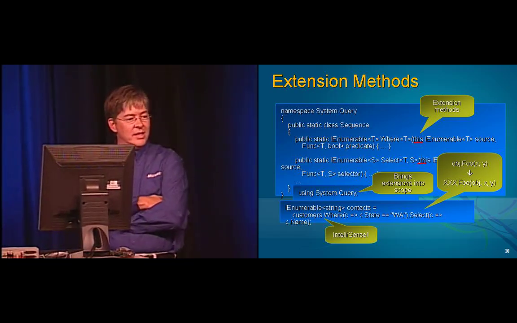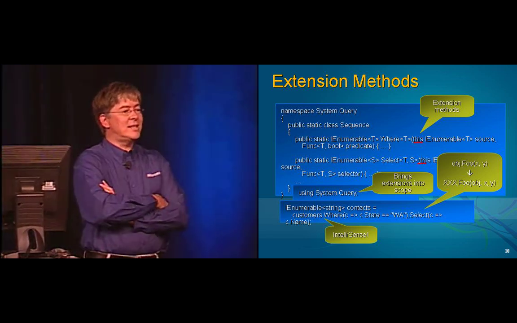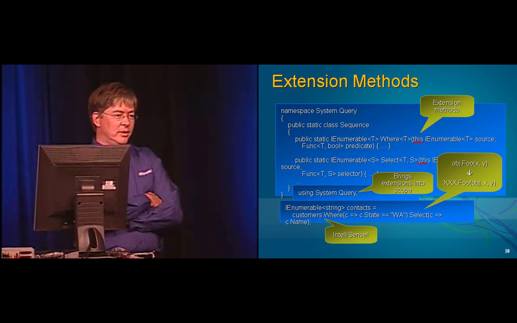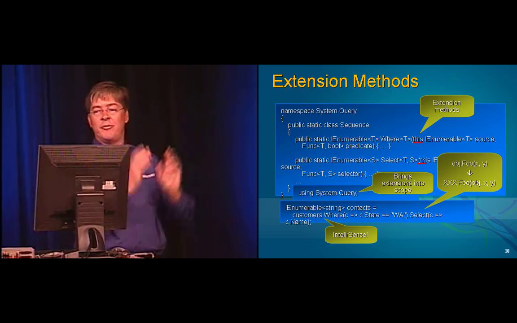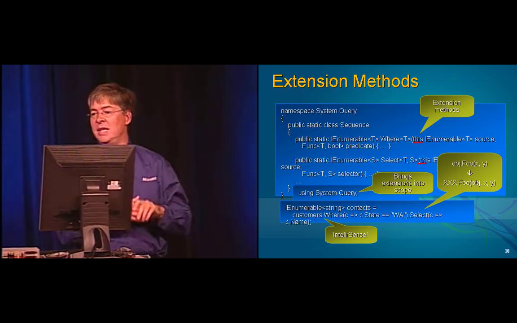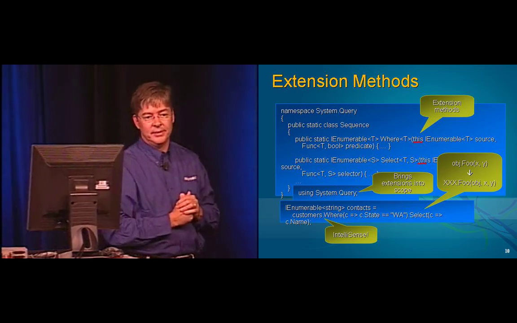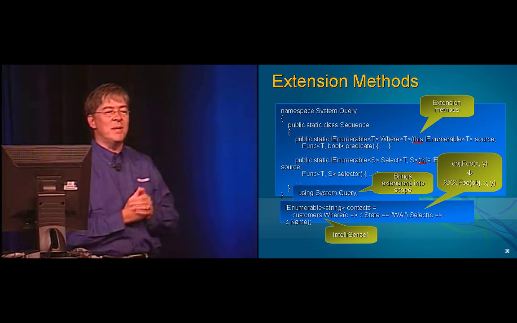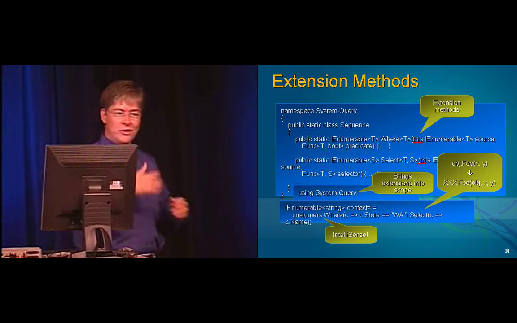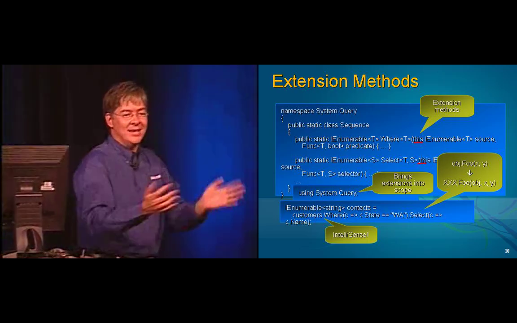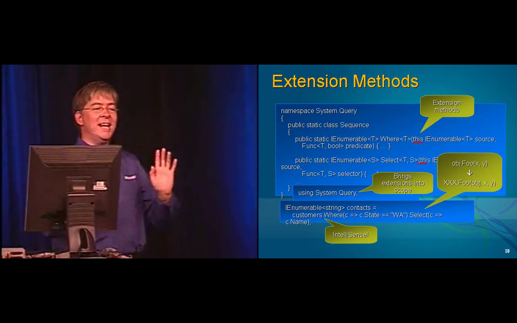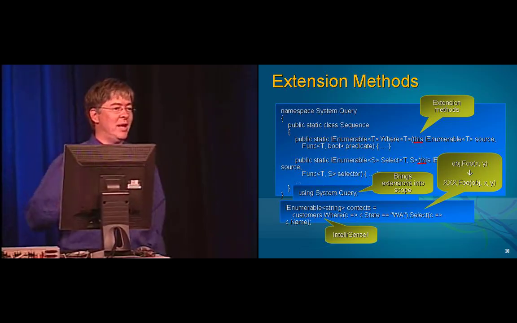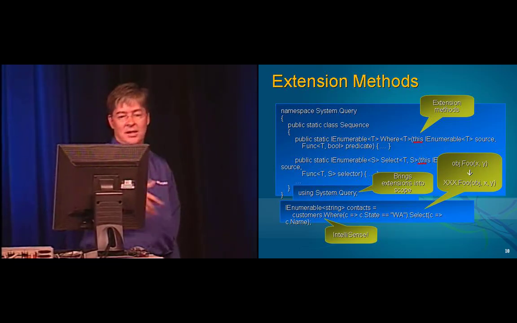The way to think of it is that this is a method that extends IEnumerable of T. When it is in scope, it is as if anything that implements IEnumerable of T now has a method called where. But it's purely compiler magic. It's purely namespace lookup magic. It's not like we actually modified anything in the CLR. It just looks to the user as if that method is there. And of course, IntelliSense will understand it.